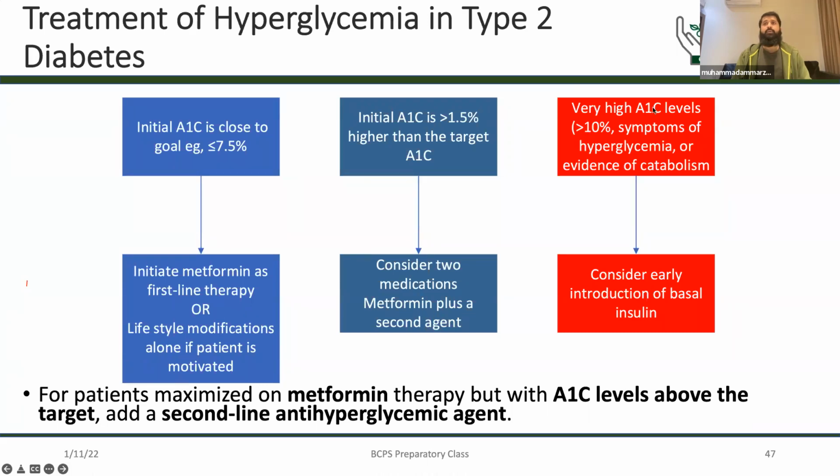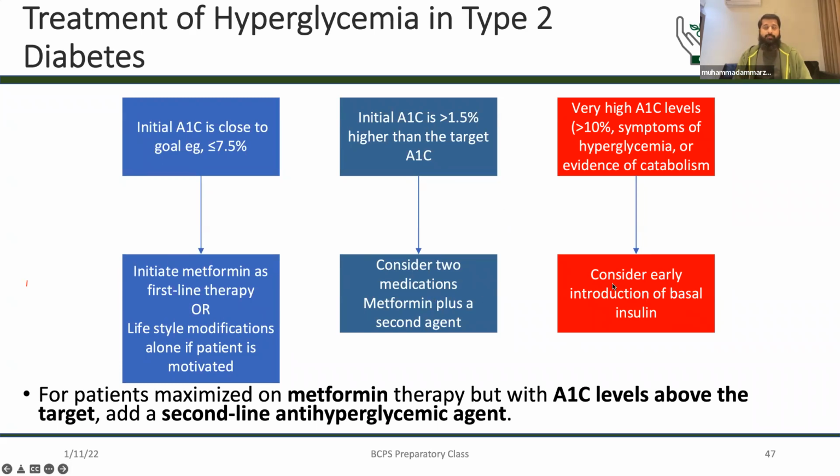And if the A1C level is very high, if it is more than 10%, and there are symptoms of hyperglycemia or evidence of catabolism, then you should consider early introduction of basal insulin. So you should add insulin in the regimen because this patient is less likely to benefit from other medications alone.